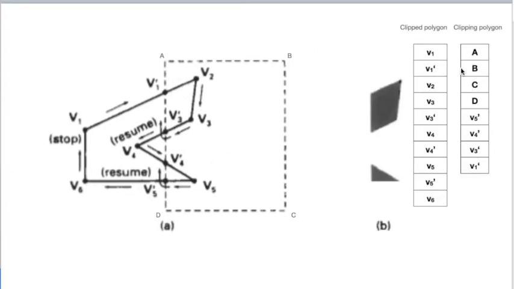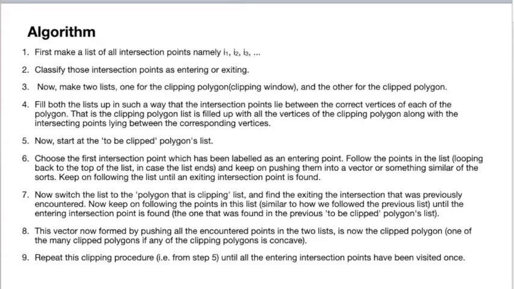You give some label E for entering and X for exiting. Okay, so you label every vertex as entering or exiting. So here V1 dash is an entering vertex, V3 dash is an exiting vertex, V4 dash is again an entering vertex, and V5 dash is an exiting vertex. Okay, so you label it accordingly.